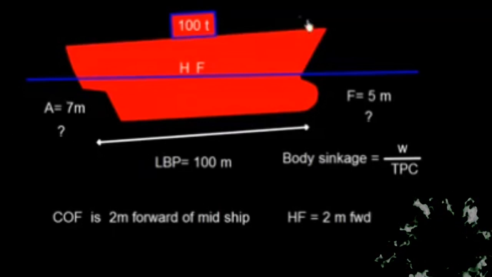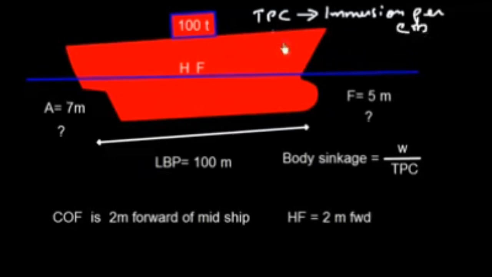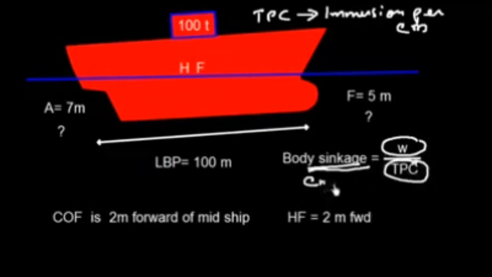Well, the definition of TPC is number of tons required to sink the ship by 1 centimeter, or number of tons required to raise the ship's draft by 1 centimeter. So the TPC is immersion per centimeter. So if I have W ton, I should know how much the ship has sunk. So W by TPC will give me the sinkage in centimeter.